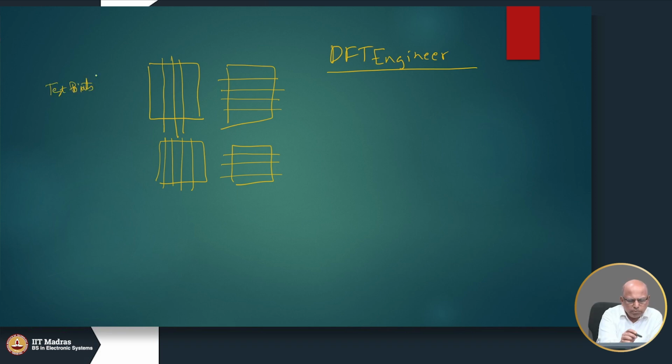See, that is also a place where you are modifying the design, okay, for the sake of testing, right. When the observability is poor, we may want to add observability points. When the controllability is poor, we add control points, right. In the same way, we can add scan chains.